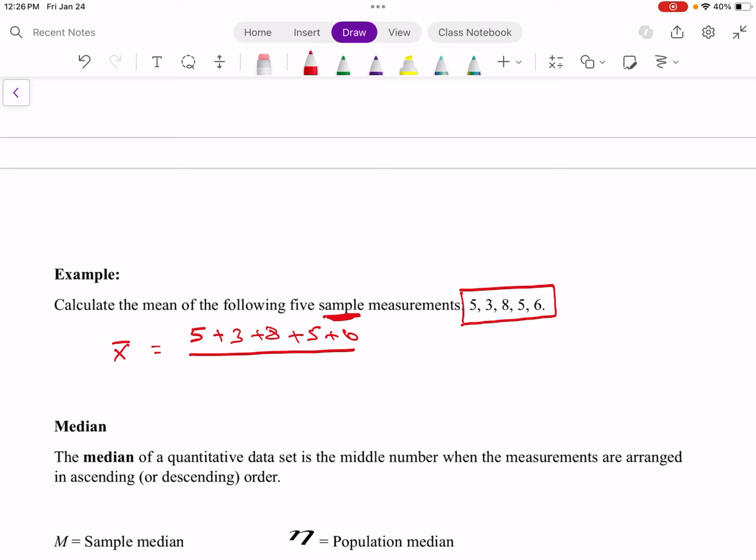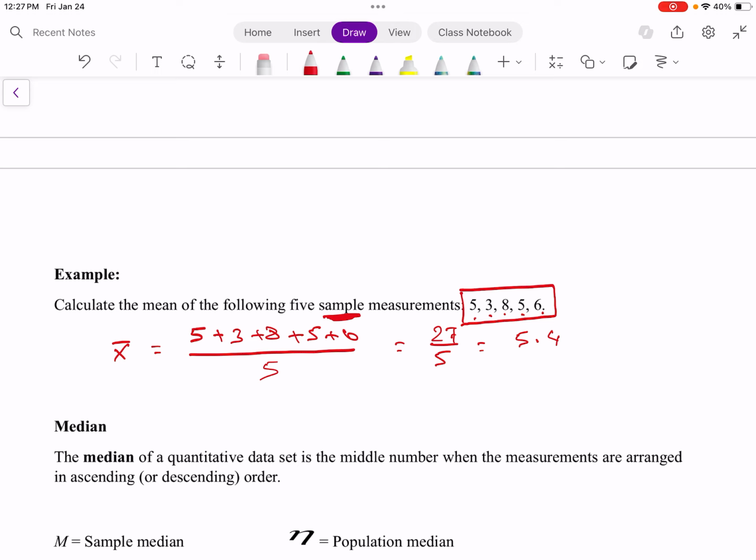How many do we have? 1, 2, 3, 4, 5. So we have 5 measurements. 5 plus 3 is 8, 8 plus 8 is 16, plus 5 is 21, plus 6 is 27, divided by 5, and this is 5.4. So 5.4 is the mean for this sample.